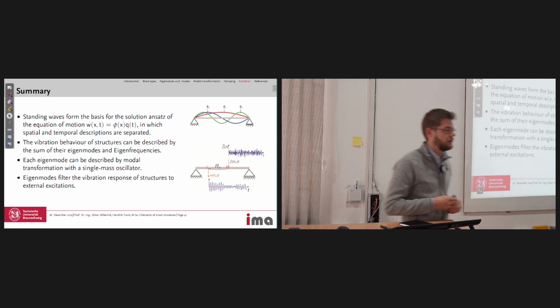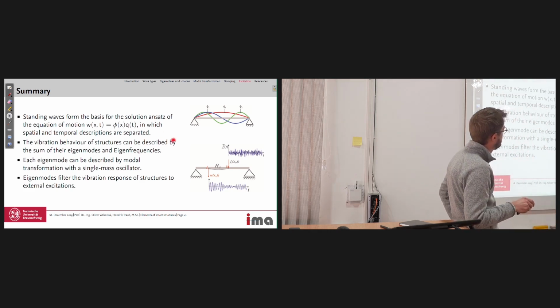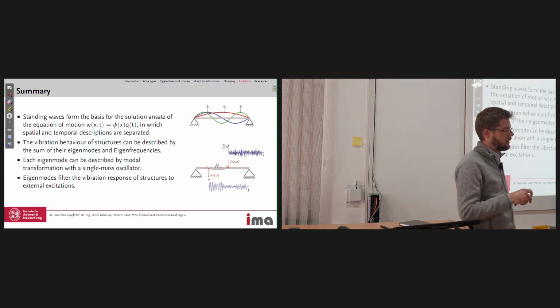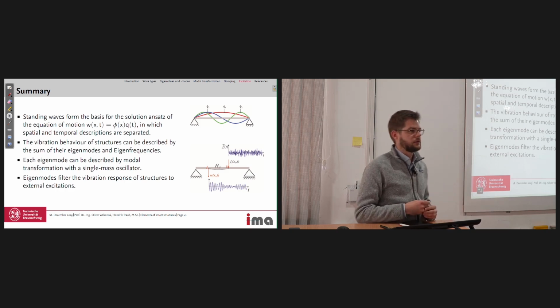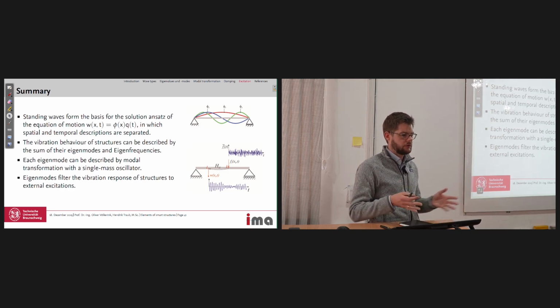The bending waves, or no, the standing waves occur in every structure. So every real structure has boundary conditions, is not infinite, and therefore we have these reflections of the waves.